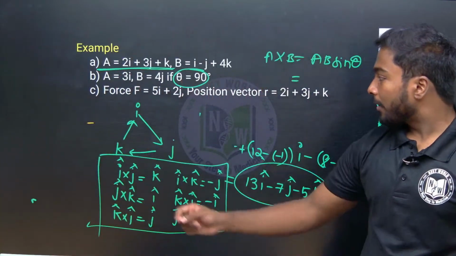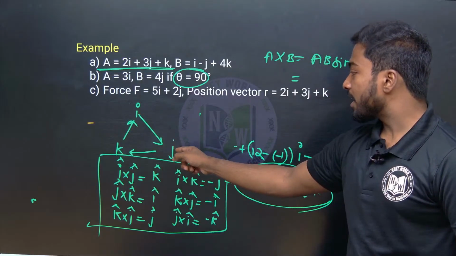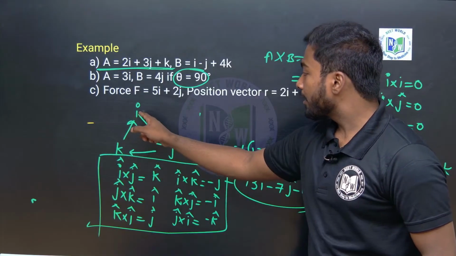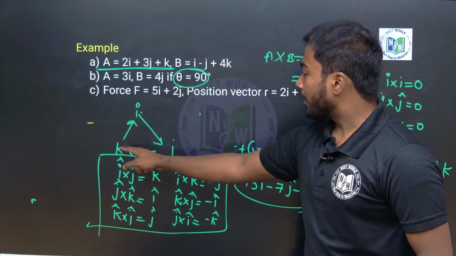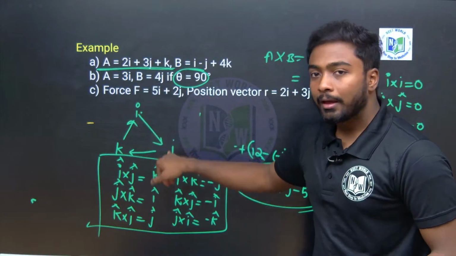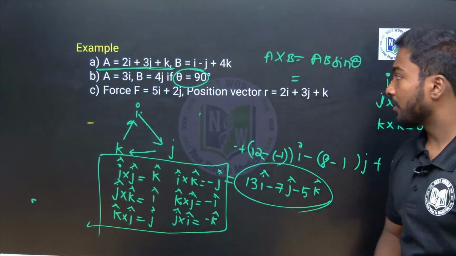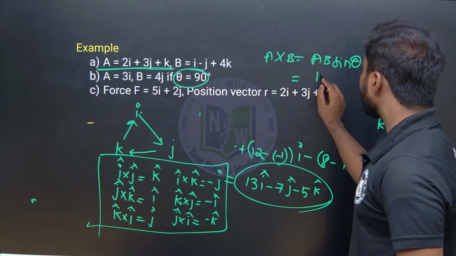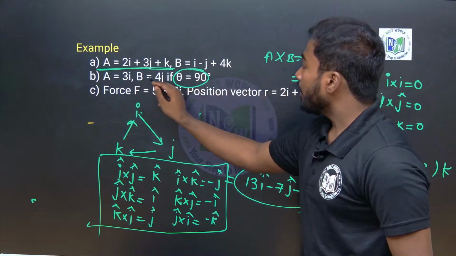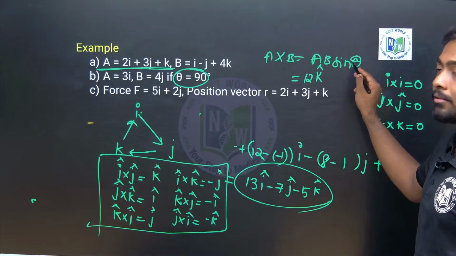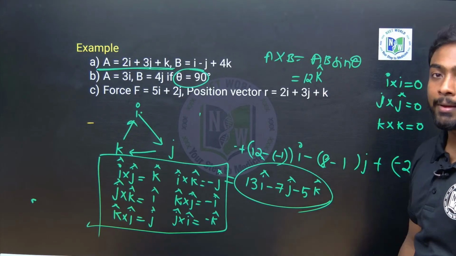A simple trick, i j k: i to j resultant will be k, j to k resultant will be i, k to i resultant will be my j. If I take the reverse manner, add a negative symbol to that. That's it. So i cross j is k cap, 3 4s are 12, sin 90 is 1, so 12 k cap is my answer.